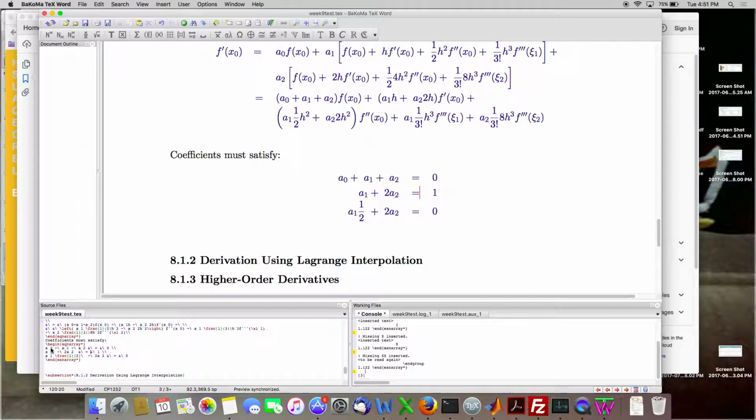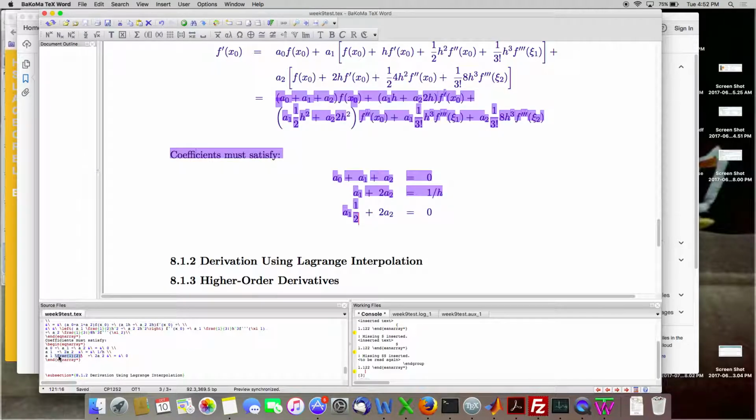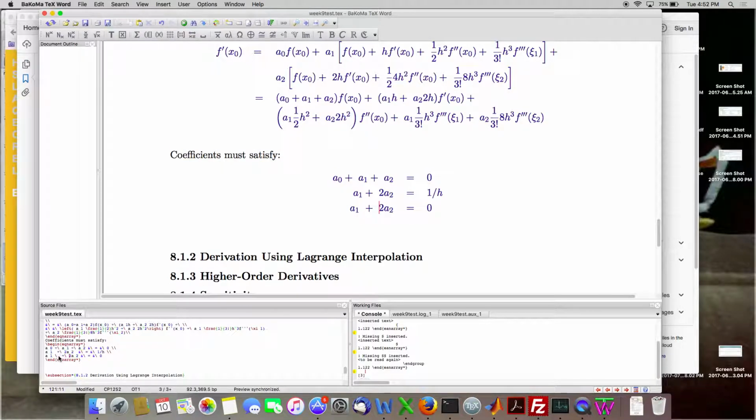So I'm just going to move the h to the other side. And then the other thing I'm going to do is take the third equation and multiply through it by 2, because I don't like fractions. So if I multiply by 2, that 1/2 goes away. And then this becomes a 4.